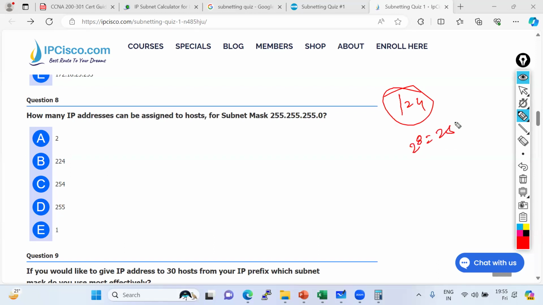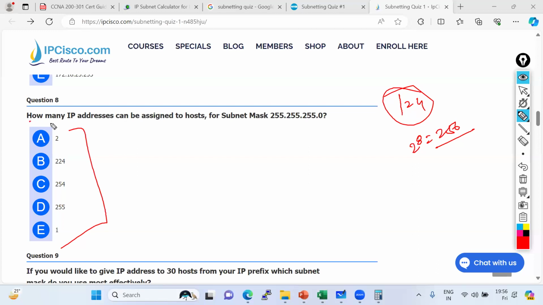So that's 256. What's 2 raised to power 8? Yeah, that's correct.